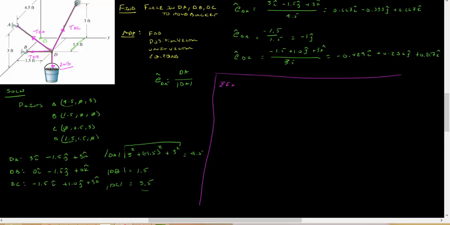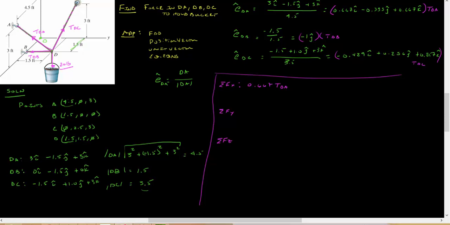Sum my forces in the x, sum my forces in the y, and sum my forces in the z. Now remember, we will be multiplying these by tension dA, tension dB, and tension dC. So when I sum my forces in the x, I get 0.667 times TDA.